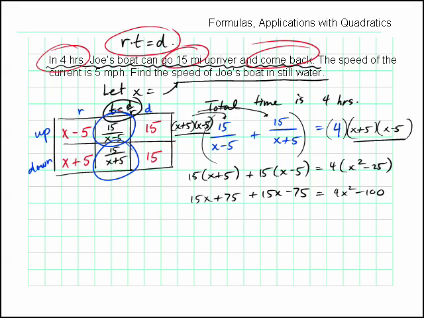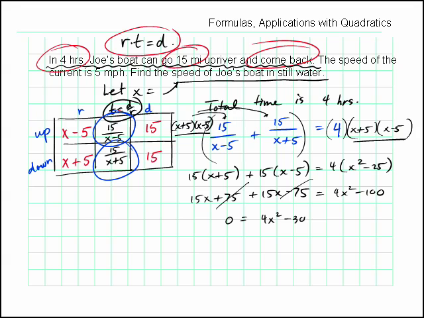Okay, we have a quadratic here. I see an x squared, and so I'm going to combine all my like terms, move everything over to the right side so that the equation is set equal to 0. So we have 0 equals 4x squared. 75's actually cancel away.